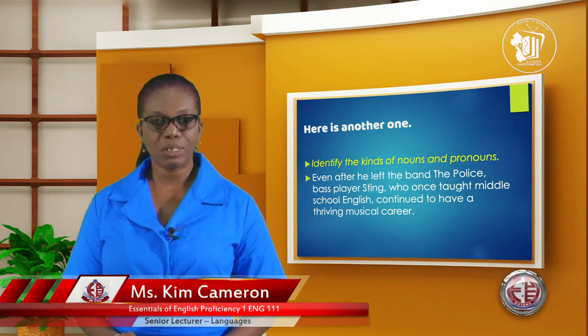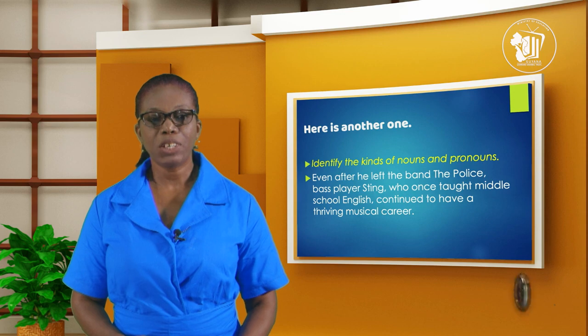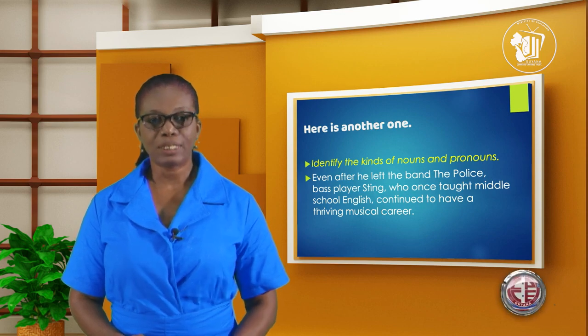Identify the kinds of nouns and pronouns. Our sentence is, even after he left the band, the Police, bass player Sting, who once taught middle school English, continued to have a thriving music career. Okay, so here, you're going to provide the answers.